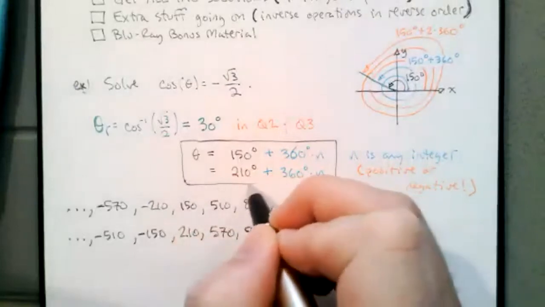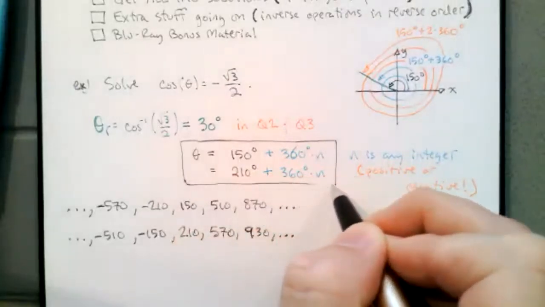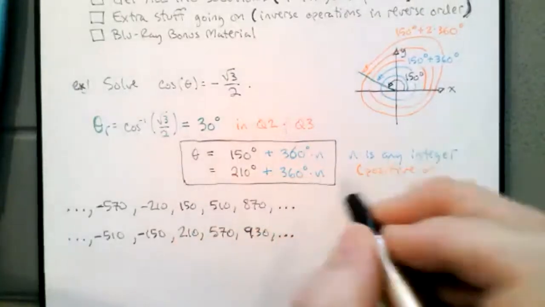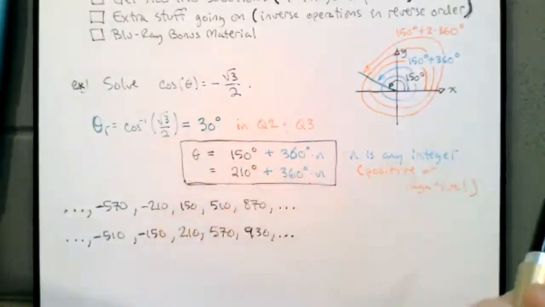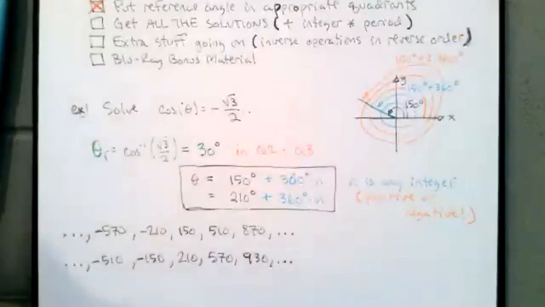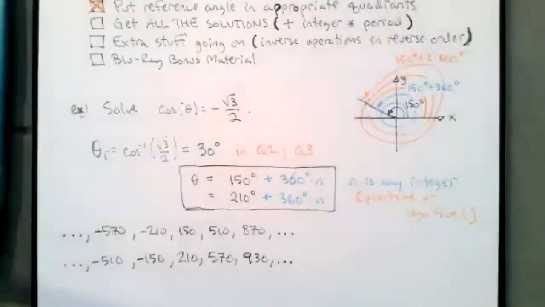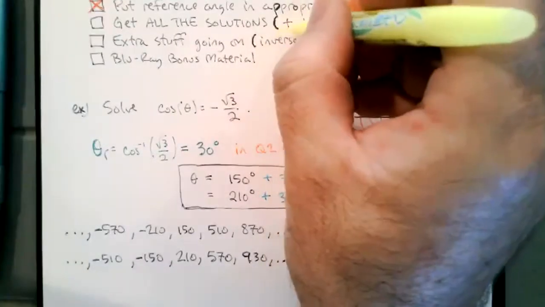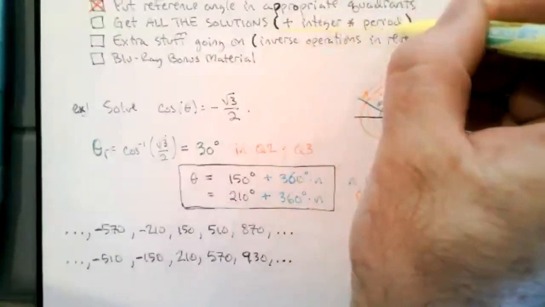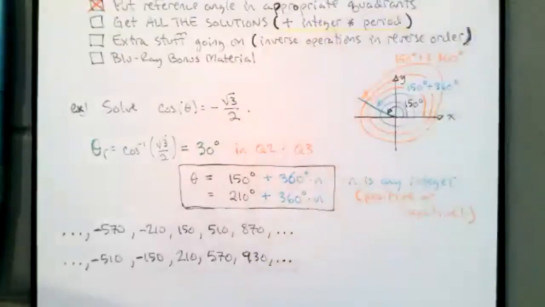So to get all the solutions, once you get the reference angle and put the reference angle in the appropriate quadrants, then you just add an integer multiplied by the period. That's how you switch from just the first two to all the solutions. Add an integer times the period.